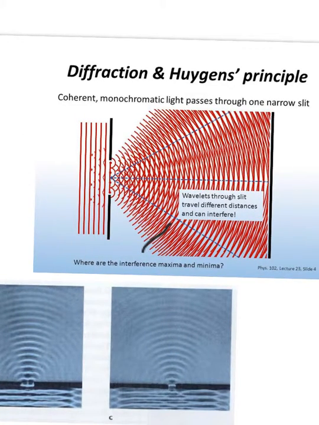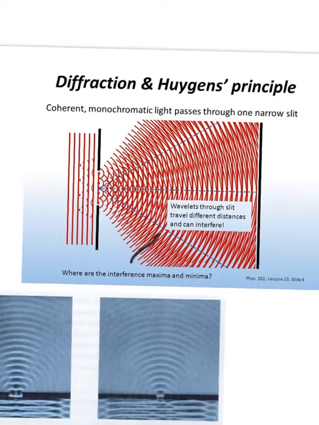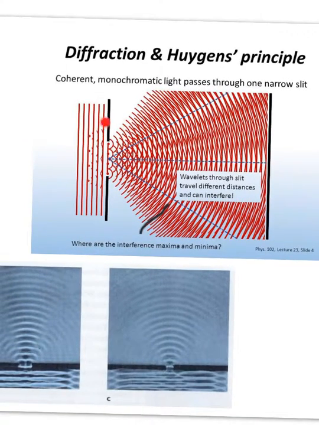So if we take, for example, this gap here, and we place our model of 1, 2, 3, 4 point sources, each emitting a sequence of waves, you can see that, thanks to these diffracting point source patterns, they constructively and destructively interfere with each other.